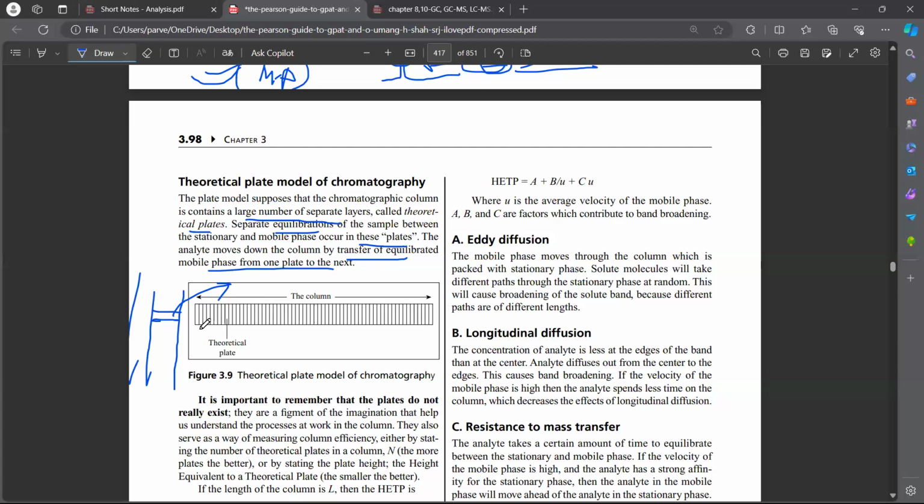And there is another important term known as HETP, height equivalent of the theoretical plate. HETP is equal to L, which is the length of the column, divided by N, the number of theoretical plates. So as the number of theoretical plates increases, the HETP, the height of the theoretical plate, decreases.